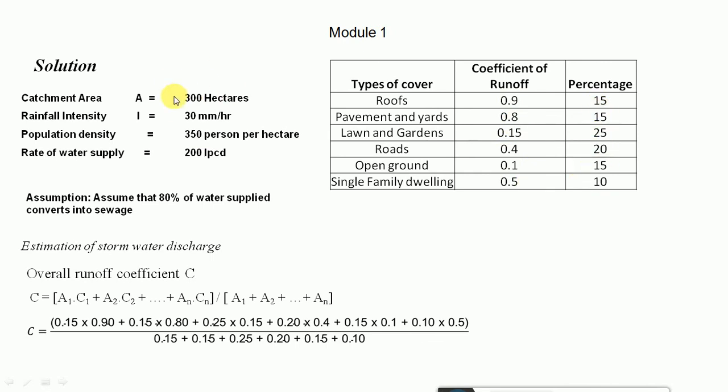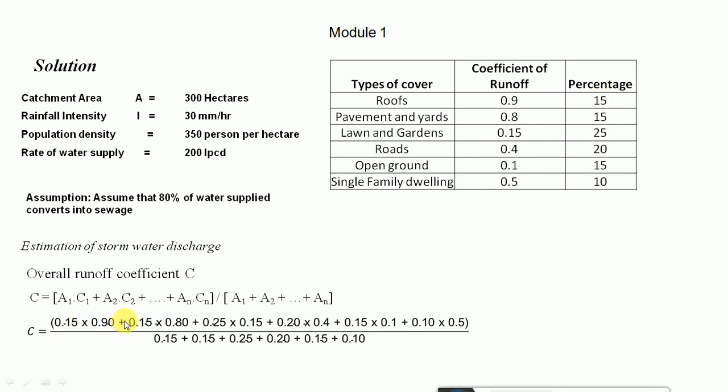So what we are doing here is finding the average value of C. We multiply each area with its respective coefficient. So 0.15 is the percentage of the first area, multiplied by 0.9.